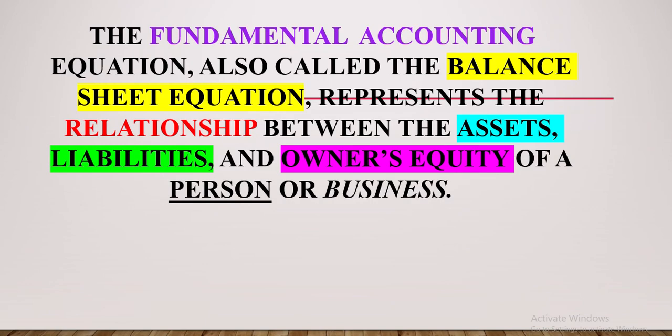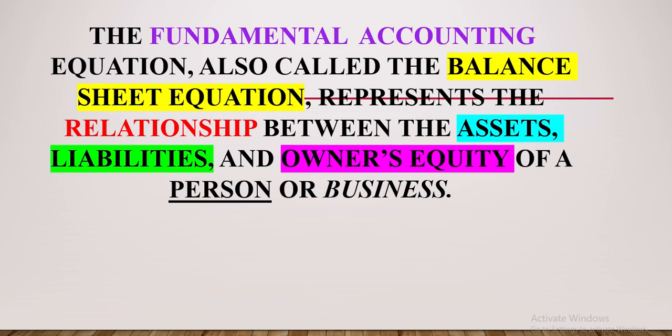Okay, so take note. The fundamental accounting equation, also called the balance sheet equation, represents the relationship between assets, liabilities, and owner's equity of a person or a business. So, they must be balanced. Dapat balance yung assets, liabilities, and owner's equity.